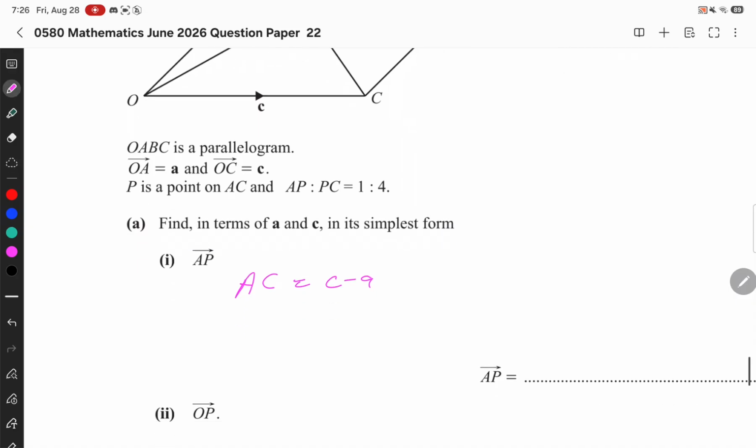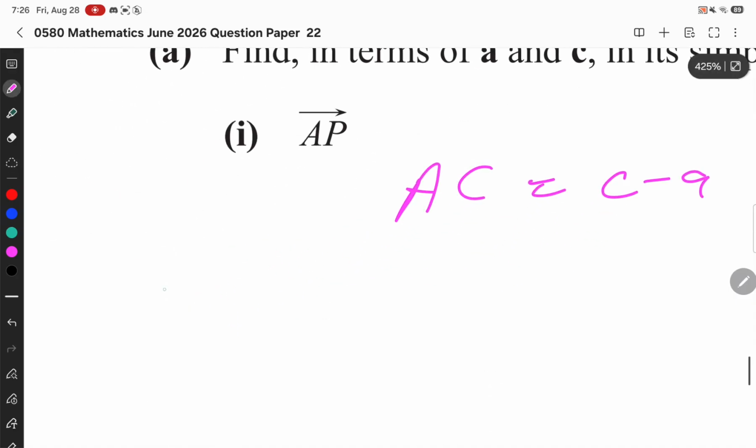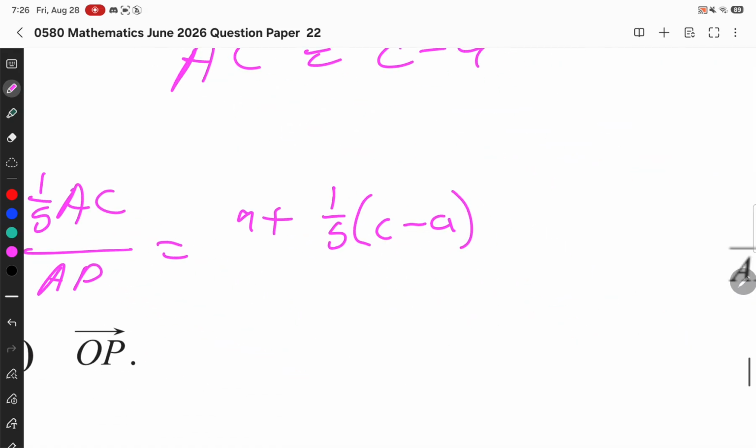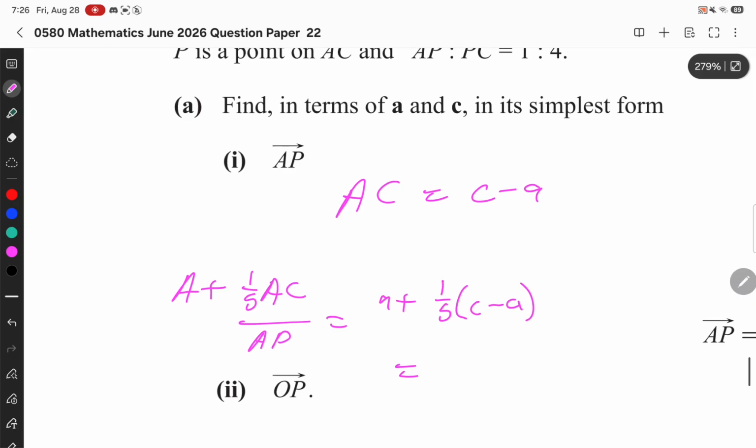And if we go AP, this is A plus a fifth of AC, which is AP, is equal to A plus a fifth of C minus A. No, only this.